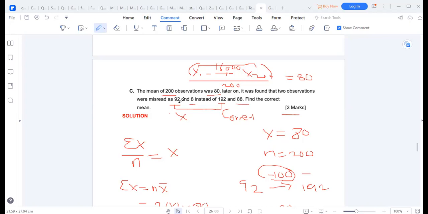So meaning we understated by what? By 100. So we need to add our 100 there, which we understated on the 192. Because in here, we wrote 92. And the other figure which we understated was what? 88. We wrote it as what? 8. So on this 8, to correct it, we add the 80 which was missing. Are you together?